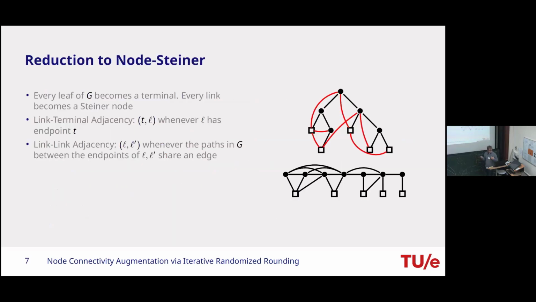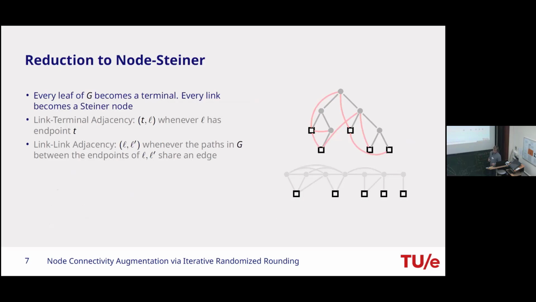The actual reduction to Steiner tree is as follows. It's very similar to what we just saw from Afruz. Up here is the augmentation problem that we start with, and below is the corresponding Node-Steiner tree instance. Every leaf in the augmentation problem becomes a terminal in the Steiner tree problem. Every link becomes a Steiner node.